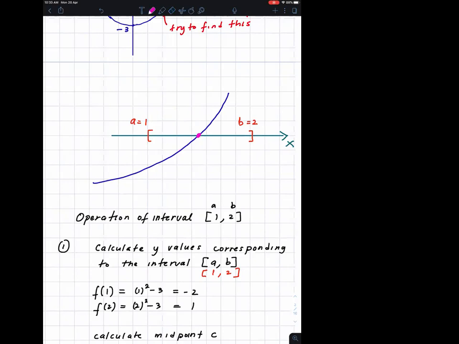Let's say we calculate your midpoint, and if the midpoint happens to be here, 1.5, and you end up with a positive number, that means you're on the right side of the root. Then you should update your B with C, which is 1.5.